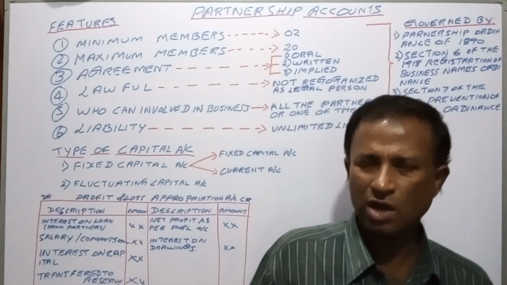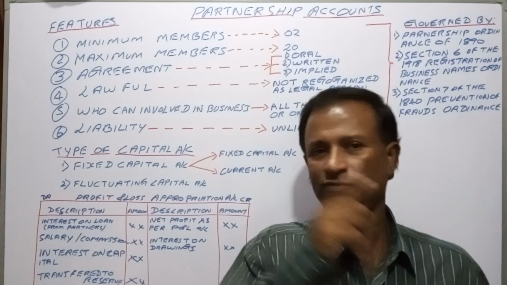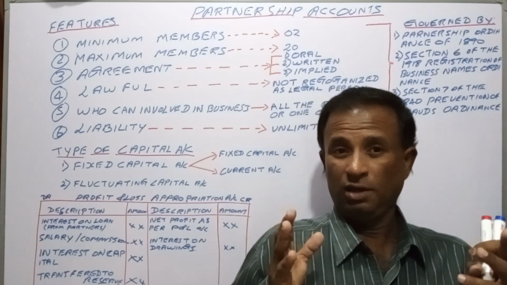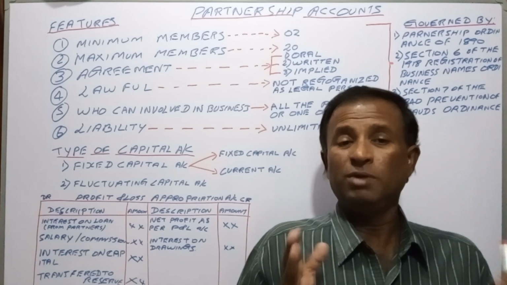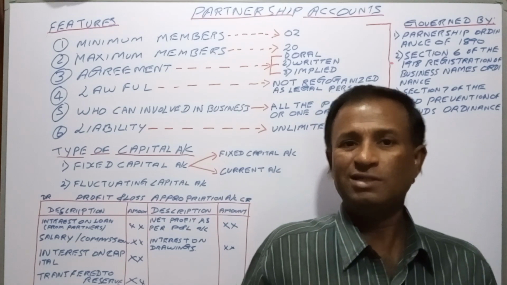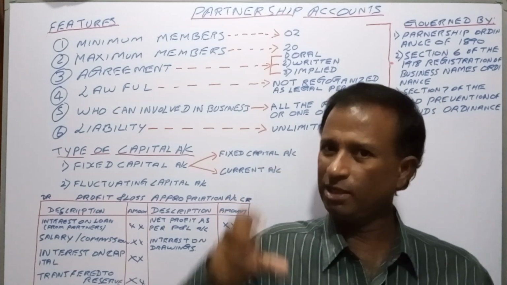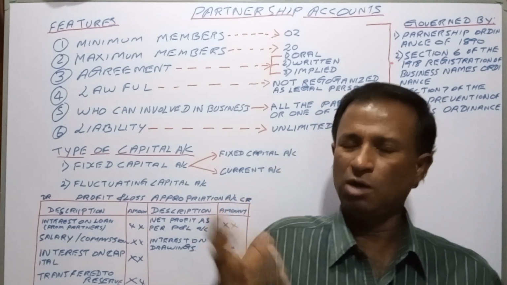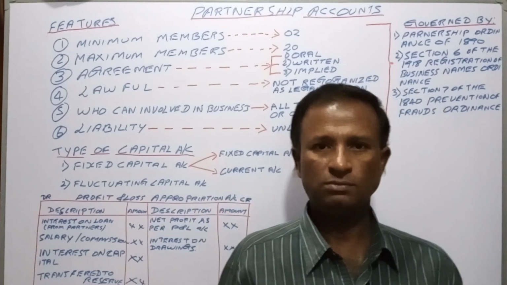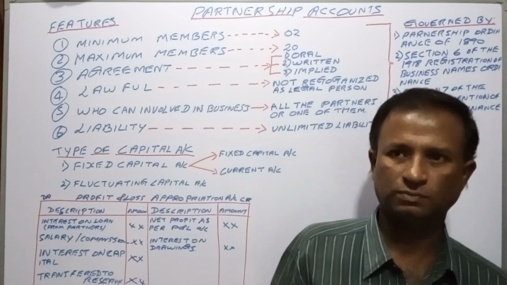Partnerships' liability is also unlimited. Whereas, as you will study later in company accounts, companies are limited liability companies. Liability is limited to the amount invested in the company, right?